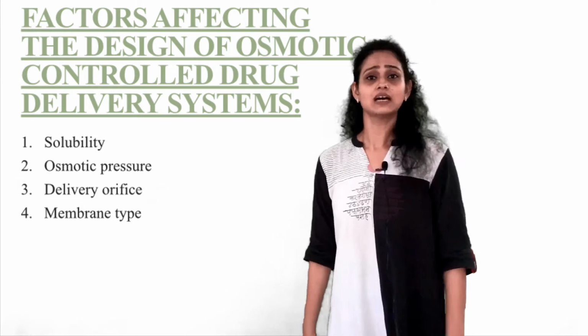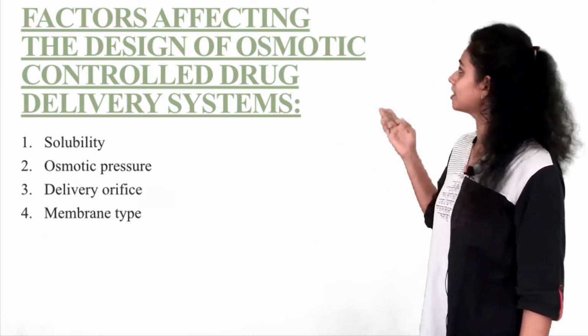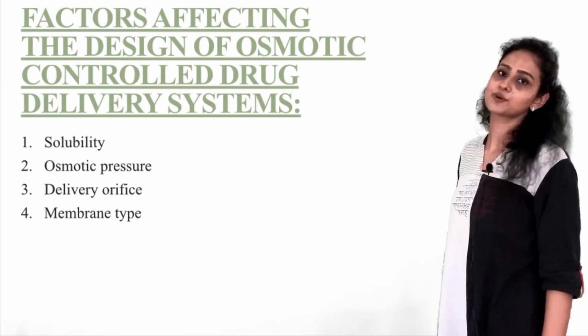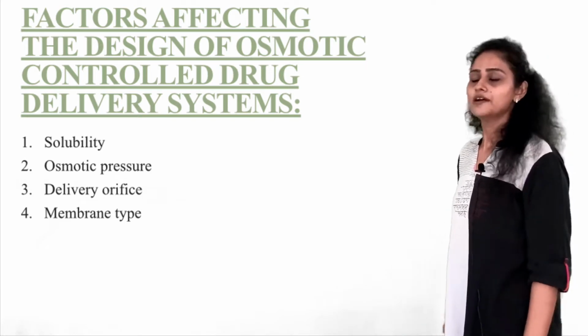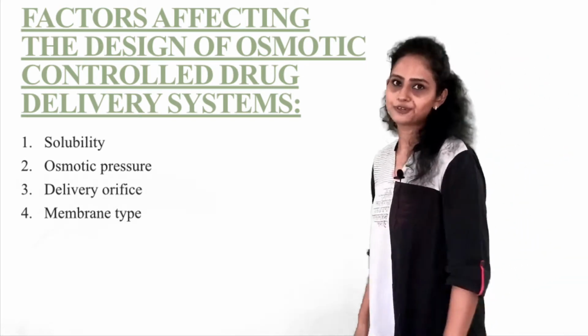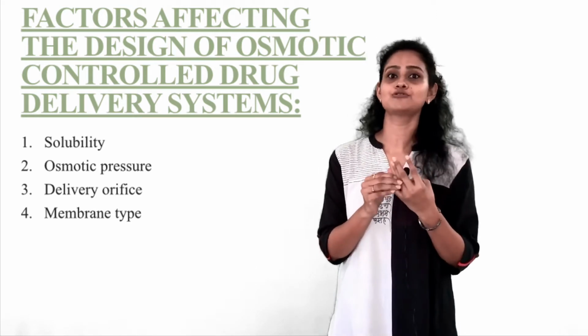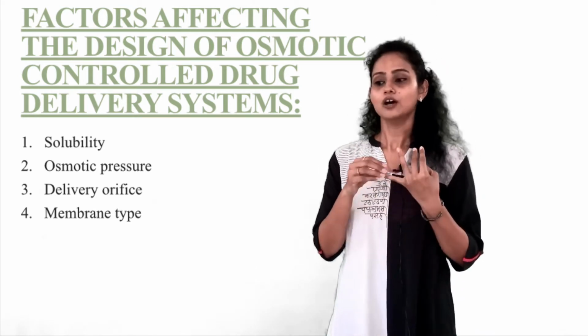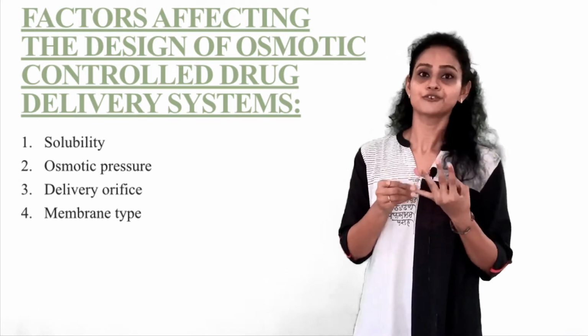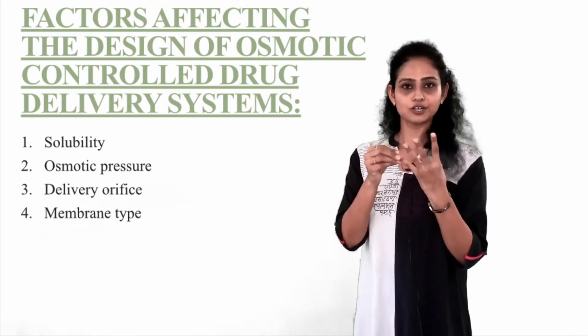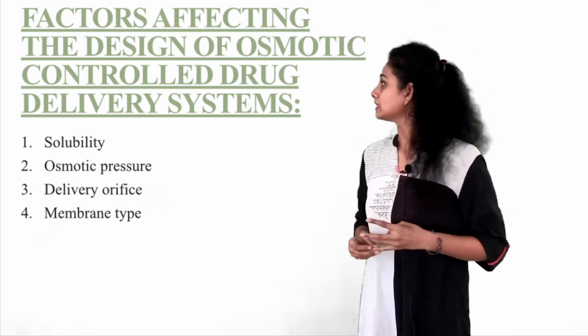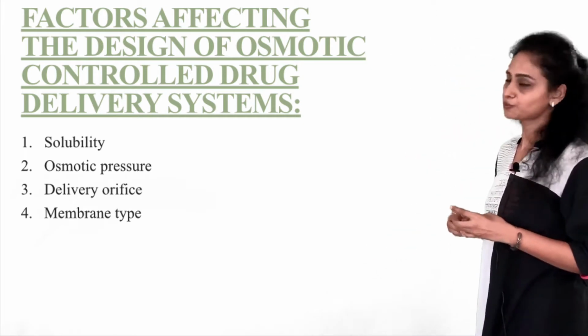Moving ahead, let us understand the different factors affecting the drug release from the osmotic drug delivery system. There are 4 main factors which affect drug delivery through osmotic drug delivery system. First is solubility, solubility of your drug, of course, right. Then the second parameter is osmotic pressure.